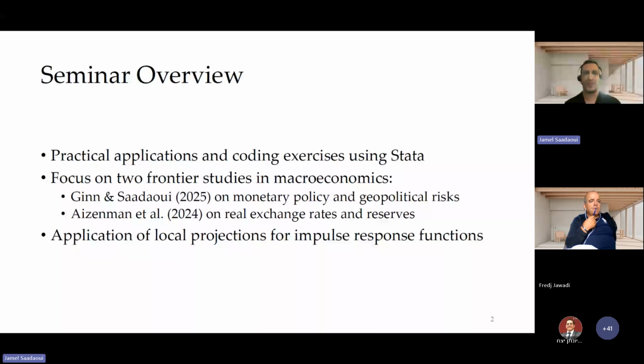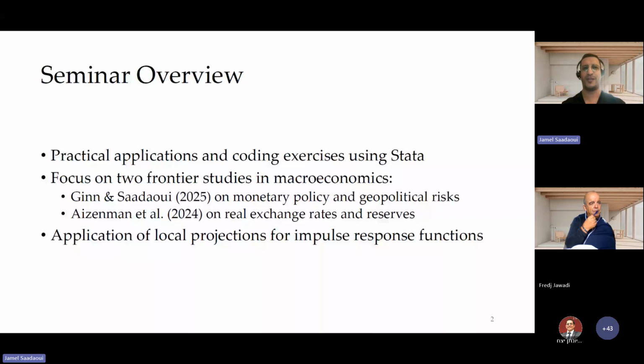So the practical application will consist in my showing you some graphs, and then we'll go to Stata. We are going to open Stata, and we are going to see how to reproduce these graphs. These two studies are not in the good order, they are in reverse order.